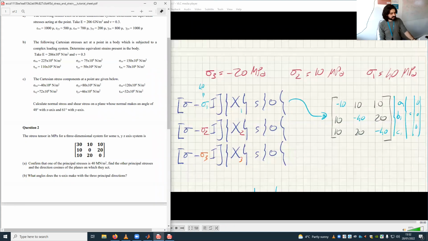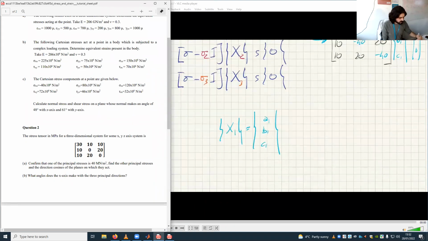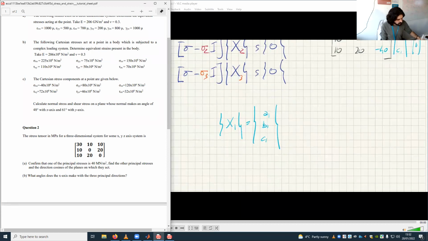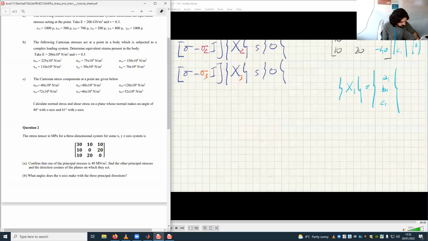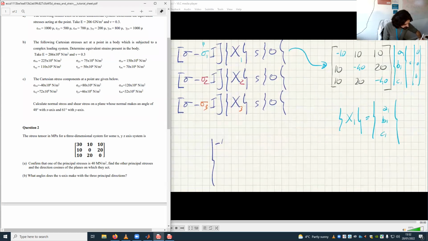And so how do you put this in system form? In system form, this looks like minus 10 A1 plus 10 B1 plus 10 C1 equals 0. That's the first equation. This times this, plus this times this, plus this times this equals this.